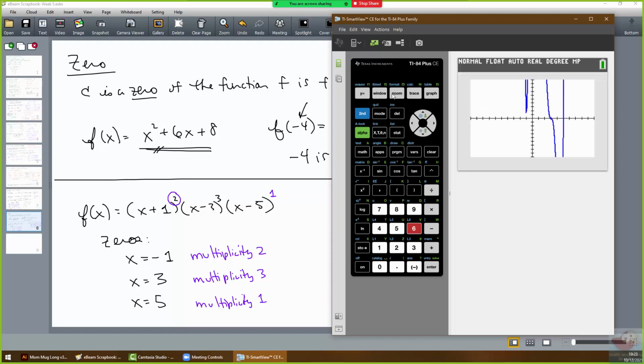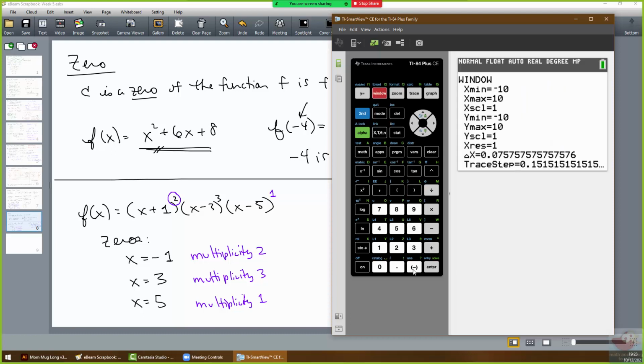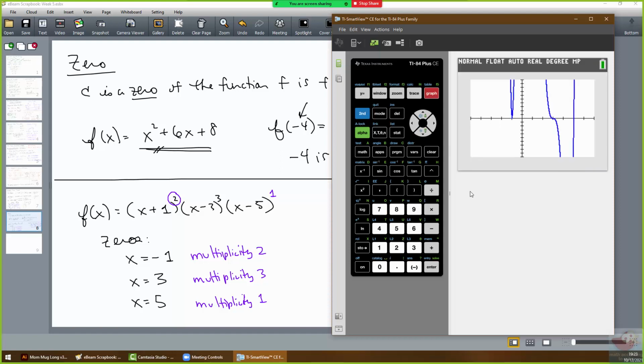Oh, that's not what I wanted to happen. Okay, let me. Oof. I'll make that 7. Okay, that works a little bit better. So notice in the graph we can see some interaction happening at -1, and we see something happening at 3 and 5.